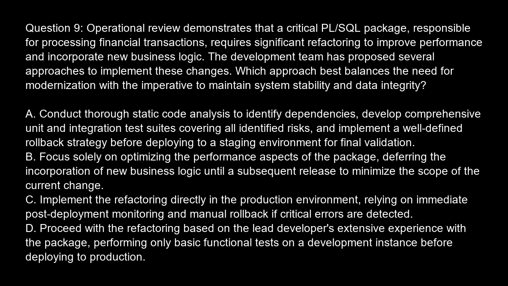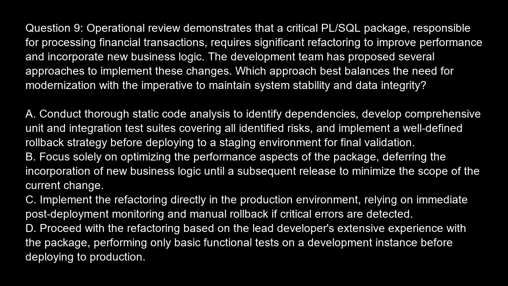Option A. Conduct thorough static code analysis to identify dependencies. Develop comprehensive unit and integration test suites covering all identified risks, and implement a well-defined rollback strategy before deploying to a staging environment for final validation. Option B. Focus solely on optimizing the performance aspects of the package, deferring the incorporation of new business logic until a subsequent release to minimize the scope of the current change.